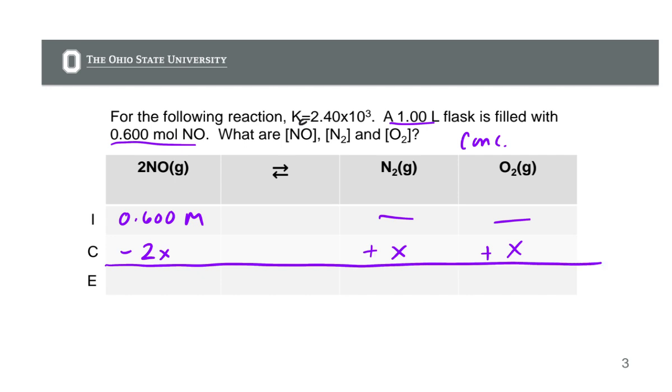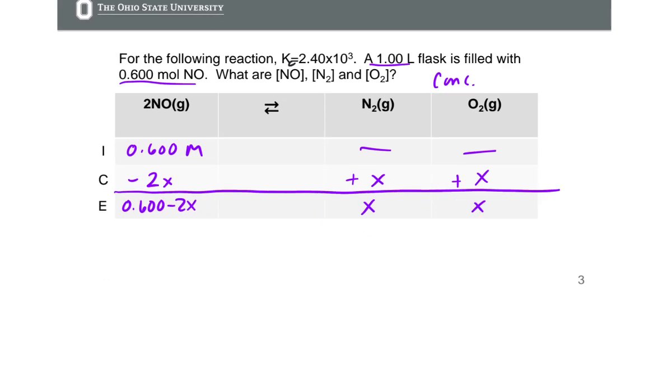So at equilibrium, we're going to have 0.6 minus 2x for the concentration of nitrogen monoxide, x for N2, and x for O2. So we can then solve for x by plugging these values into K.